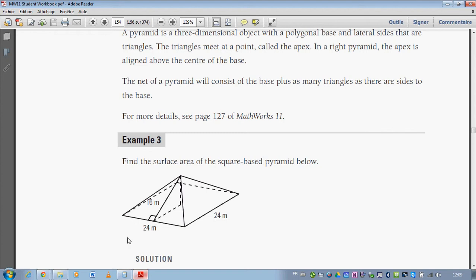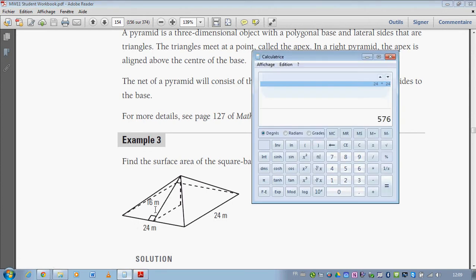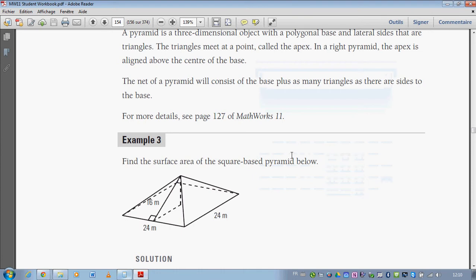Okay, so a reminder that the formula for the area of a triangle is base times height divided by 2. But since we've got 4 of these triangles, we probably want to take that area and multiply it by 4, because these triangles are all equal because this is a square-based pyramid.